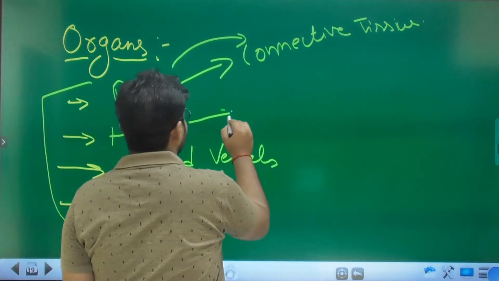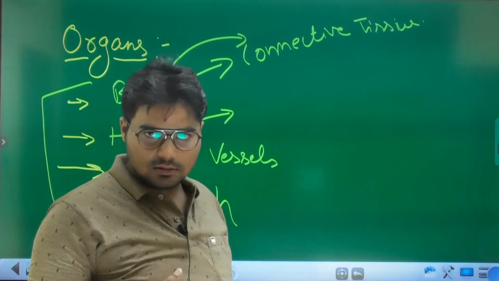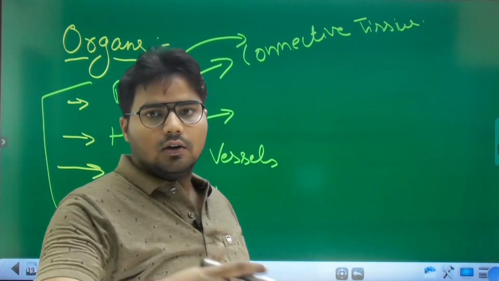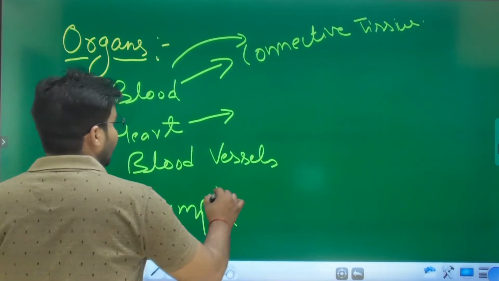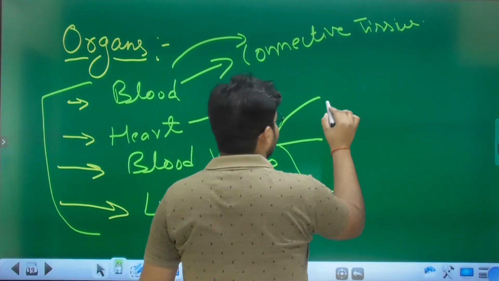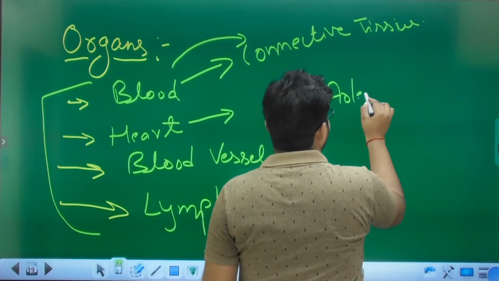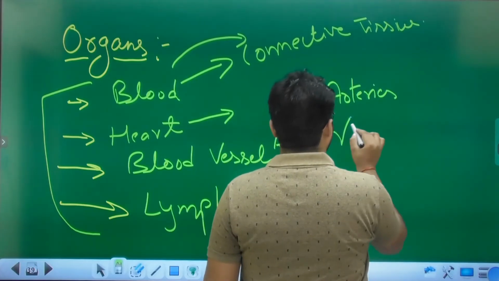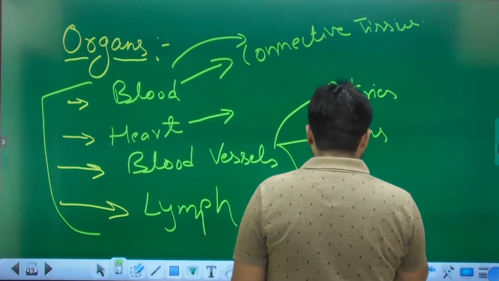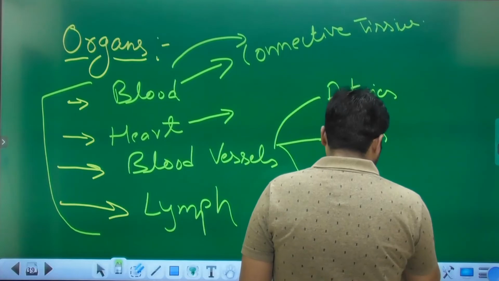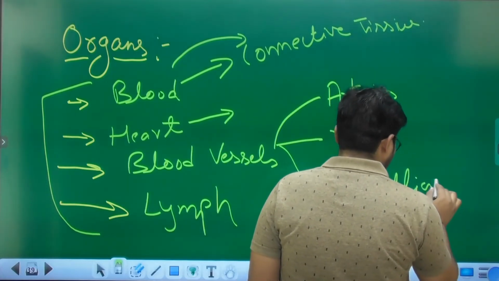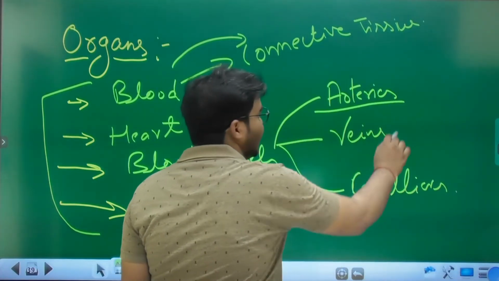The heart pumps the blood with high pressure to reach all parts of the body, and in blood vessels you read about arteries, veins and capillaries, clear? So what are arteries?